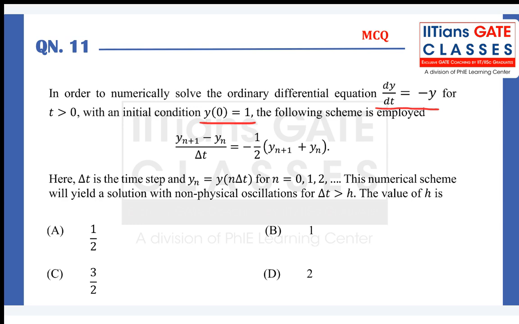They have employed a numerical scheme given by this equation, where y(n+1) minus y(n) divided by delta t equals minus half into (y(n+1) plus y(n)). Here n represents an integer, and n plus 1 is the next time step after delta t time.